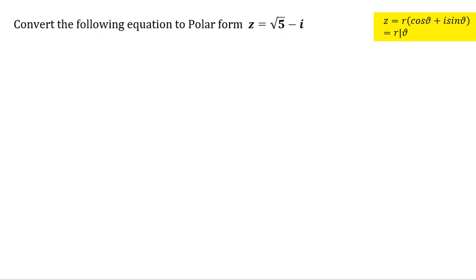Then the next equation you've got this. So your x is root 5 and then your y is equal to minus 1. You do the same thing. You find your r.